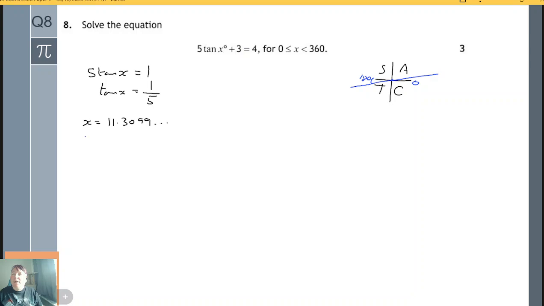So x equals 180 plus 11.3099, which is 191.3099. We're done. We've rearranged, which is first point. We found two values for x.